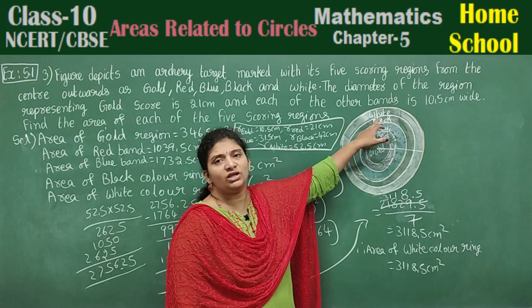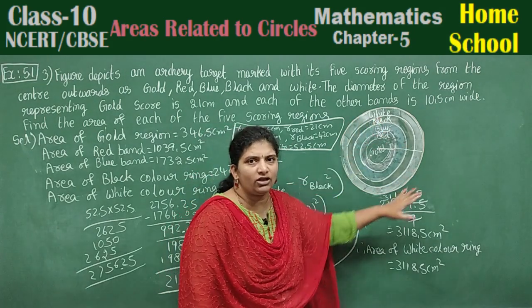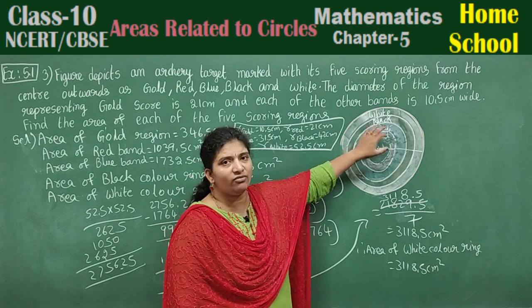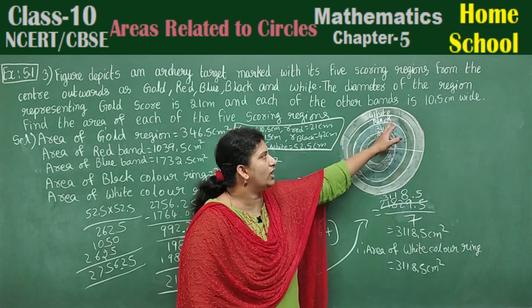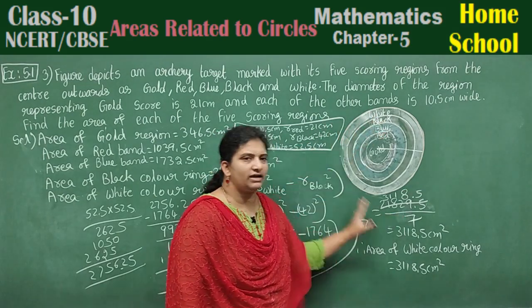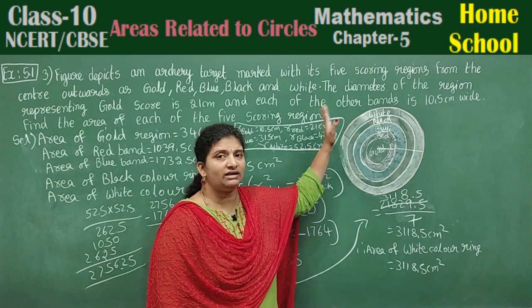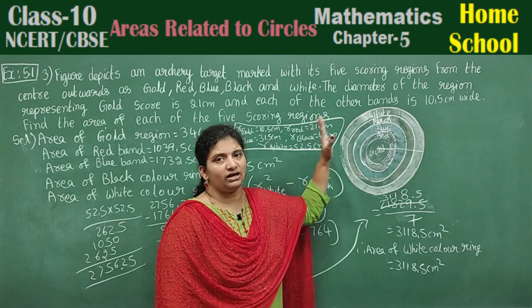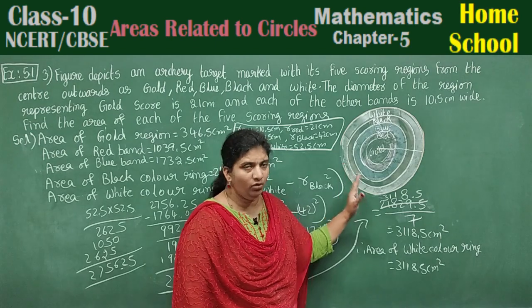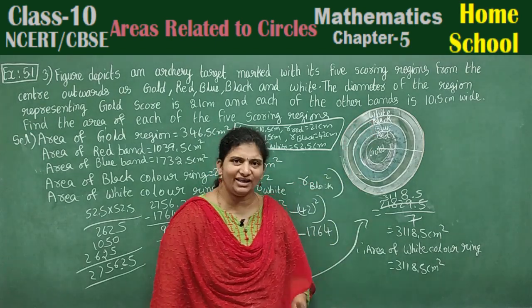And now again, if you need black, complete area of a black circle minus before which color you have, blue color circle. If you remove, you are going to get black ring. White also, complete circle area means white color where you have that circle area minus black color circle area. If you remove, you are going to get white color ring.